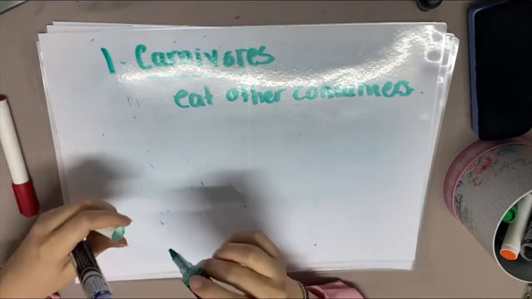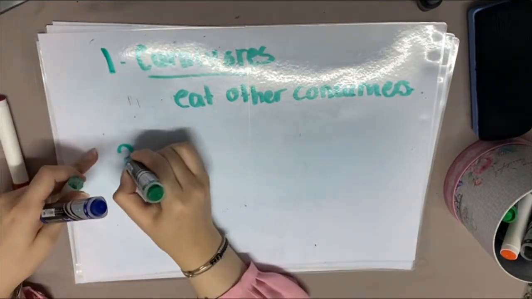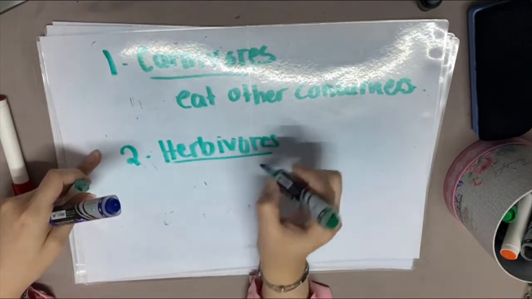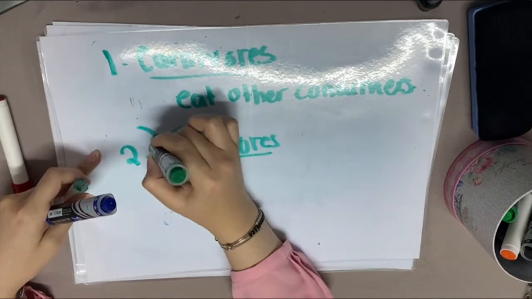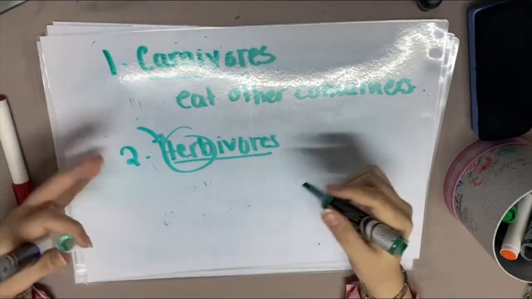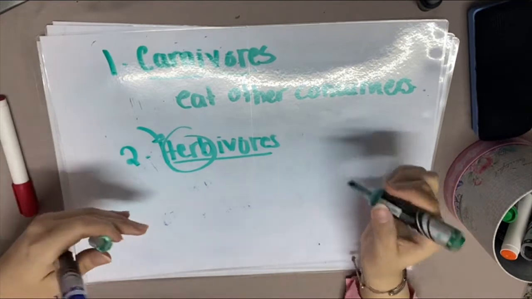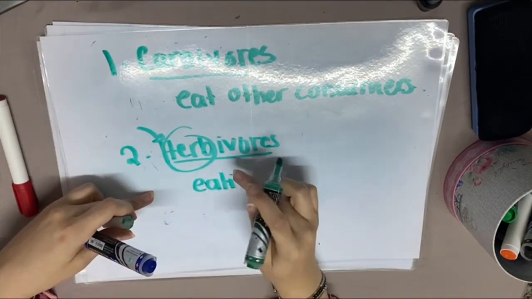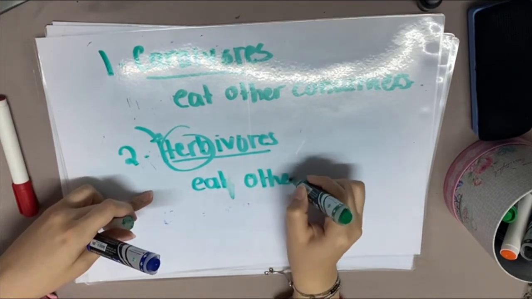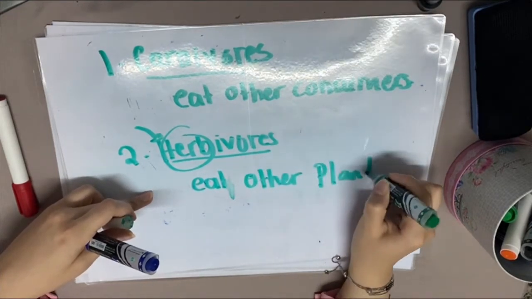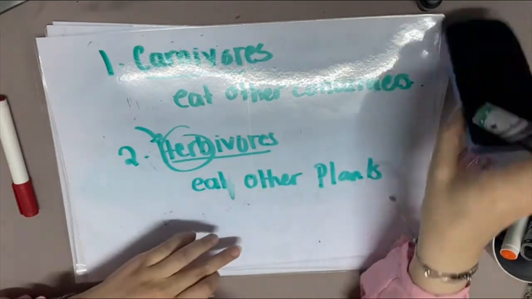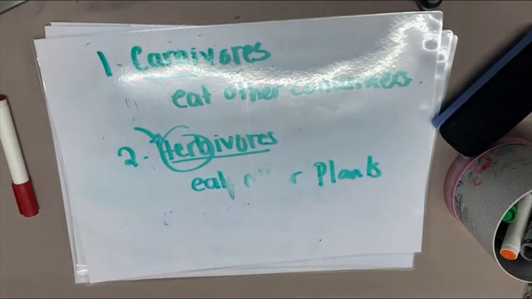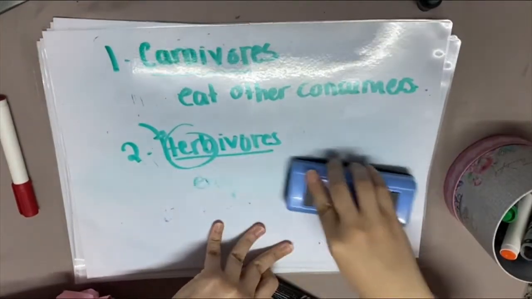So this is carnivores. The second kind is herbivores. From its name, herbivores, herbs, plants. So herbivores are animals that obtain energy by eating other plants. So animals that eat plants are technically herbivores. Let's make it a bit more clear.